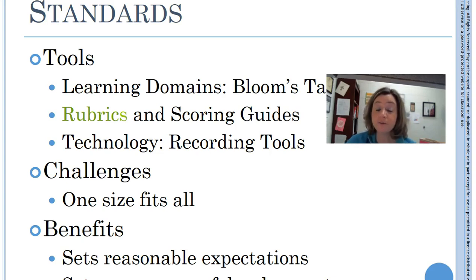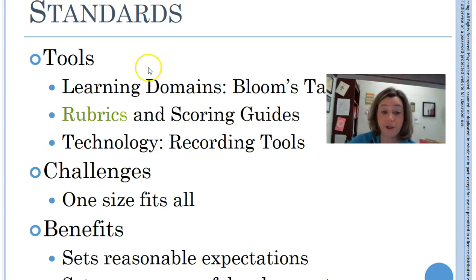Now, the standards themselves are fine. What we have done is we've created such an emphasis on testing that we have forgotten that the purpose of the standards is, again, to provide us with a roadmap of what's developmentally appropriate for children of that particular age or stage to be able to accomplish.